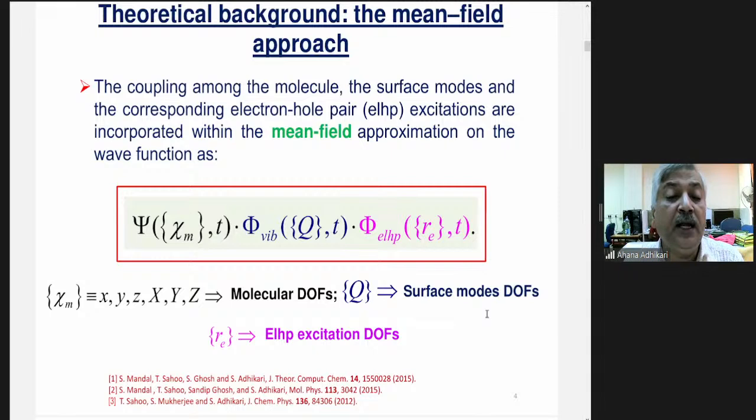So what is the theoretical formulation? The theoretical formulation tells you that you will have a wave function based on molecular degrees of freedom, and those molecular degrees of freedom will have 3 coordinates for the molecule itself, that is small x, y, z, and the capital X, Y, Z are the surface degrees of freedom with respect to the molecule.